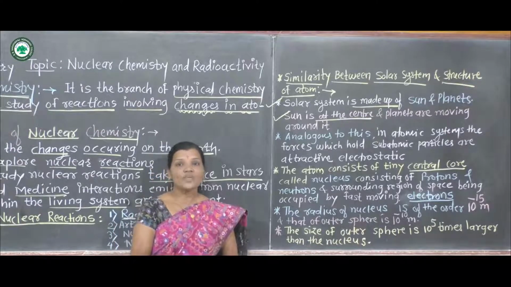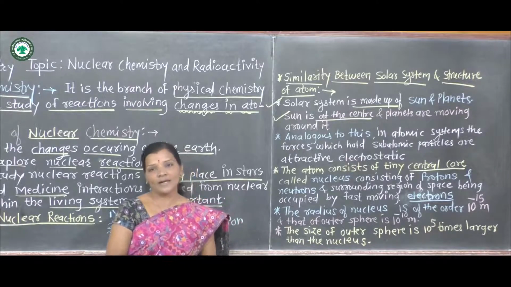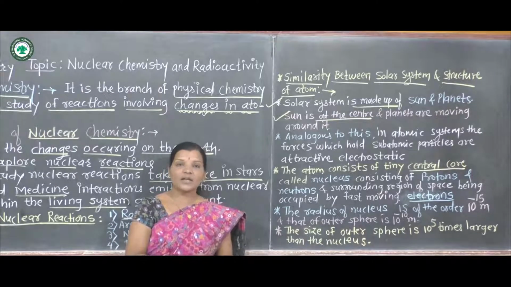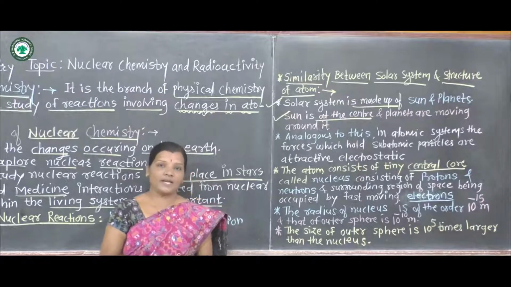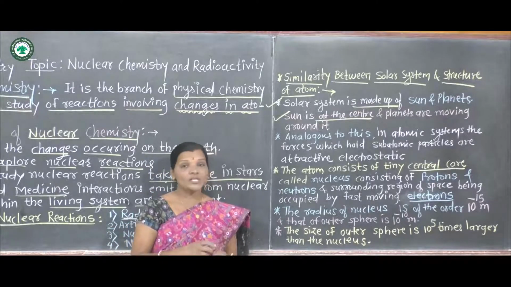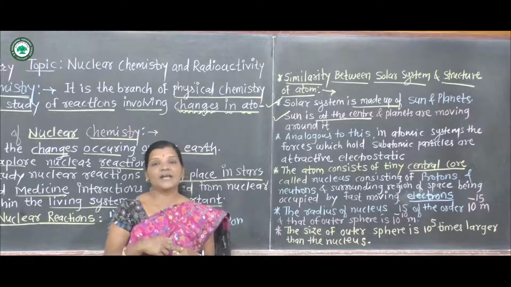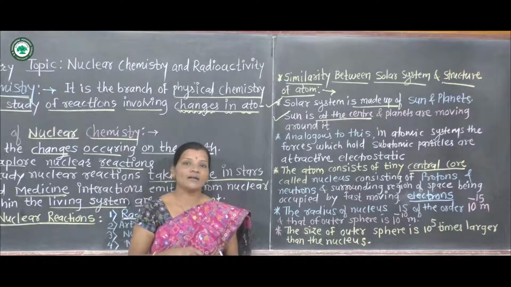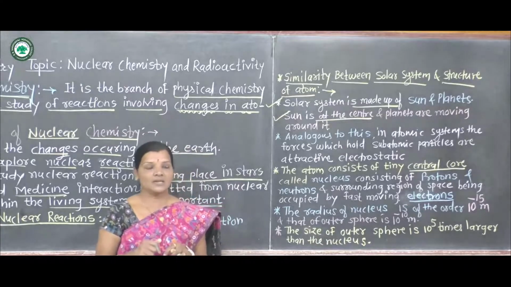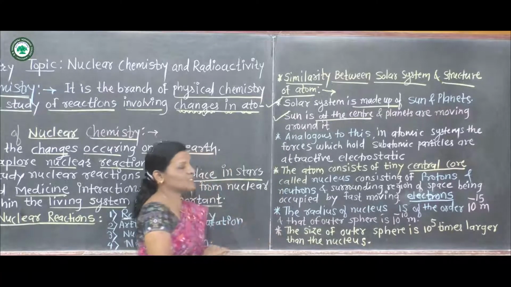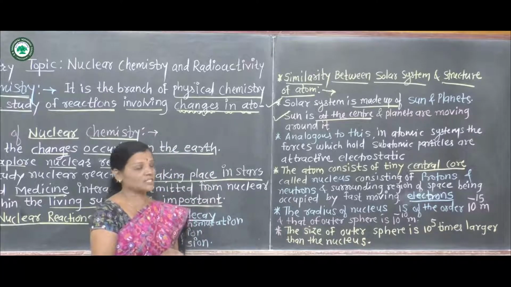Around the nucleus of every atom, subatomic particles move at a fast rate, and these particles are called electrons. So in the solar system the sun is present at the central position and all the planets revolve around the sun, and so there is an analogy between the atomic system and the solar system.